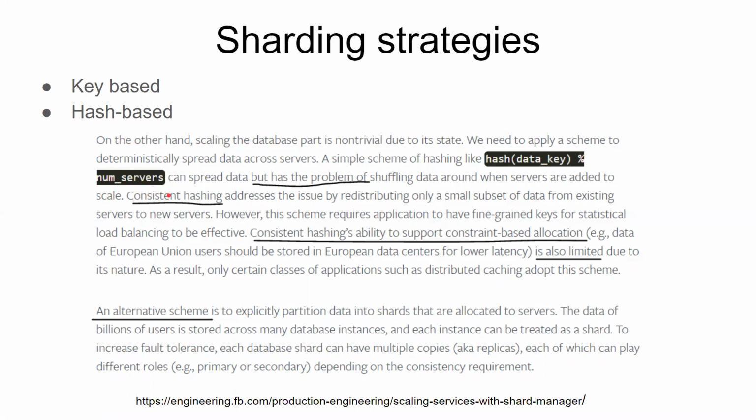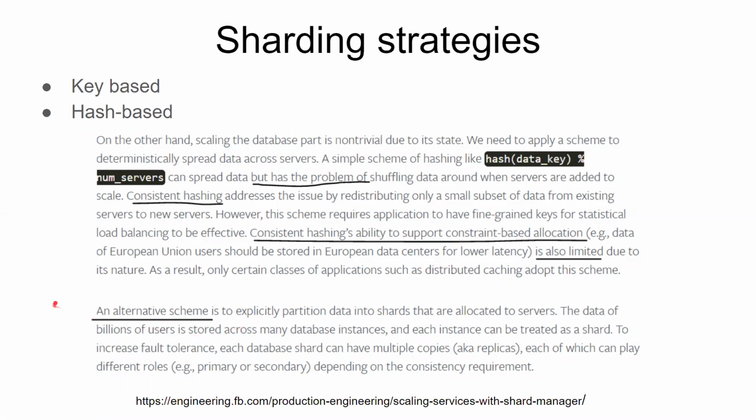So consistent hashing comes as one of the solutions that could alleviate that. Without going into much detail, unless somebody has questions, the idea is that consistent hashing saves us from that problem to some extent, because we only need to redistribute a small subset of data. But again, like I said, they highlighted that anything based on pure hashing has these locality-based constraints, which becomes a challenge.